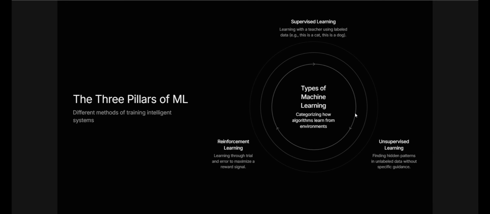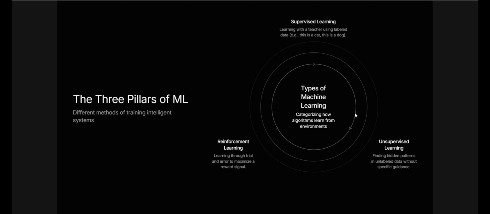Machine learning can be broadly divided into three types. First is supervised learning, where the model learns from labeled data. For example, cat and dog. By seeing data like images, a machine recognizes which photo is a dog and which is a cat. Another example is the prediction of house prices based on past data.